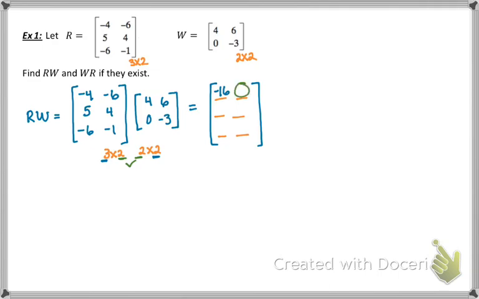Next entry. So that's negative 4 times 6 is negative 24. 6 times 3 is positive 18. Okay, negative 24 plus 18 is going to give you -6.